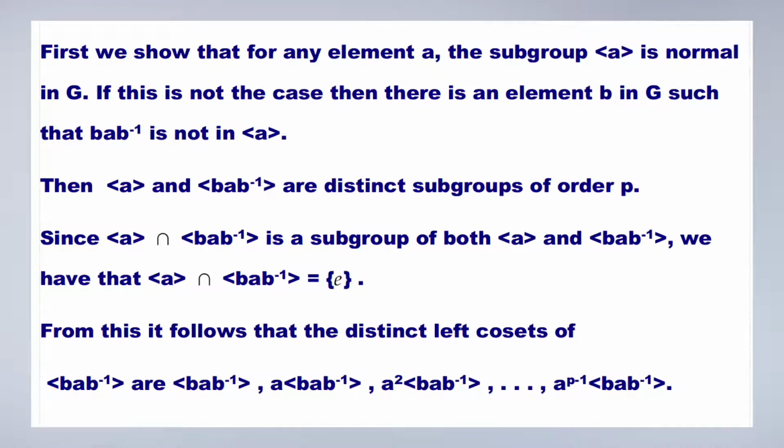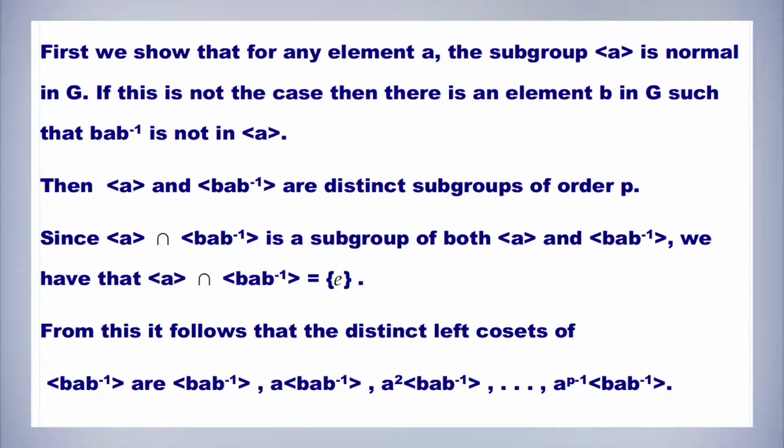of order p. Since the set generated by A intersection the set generated by B A B inverse is a subgroup of both the set generated by A and the set generated by B A B inverse, we can say that the set generated by A intersection the set generated by B A B inverse is equal to the identity set E. Therefore, the left cosets of the set generated by B A B inverse are as follows.